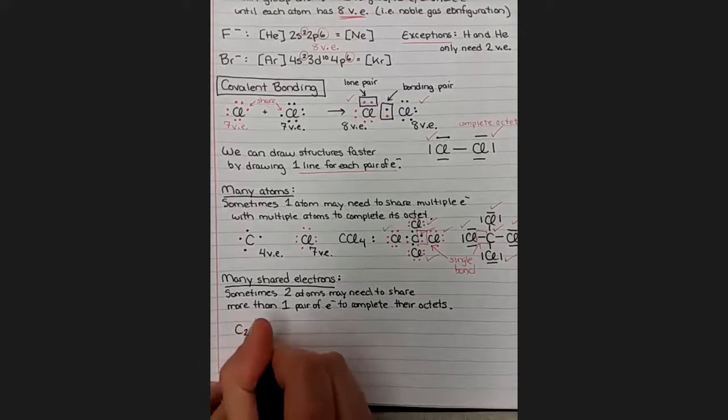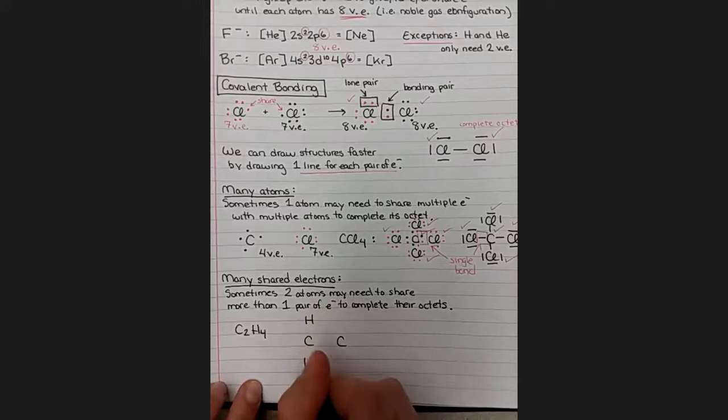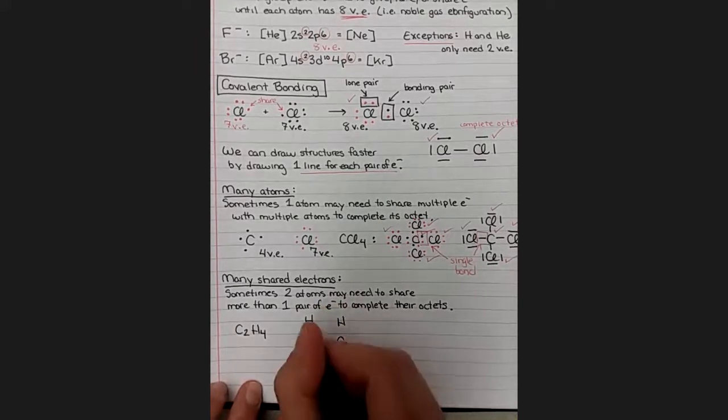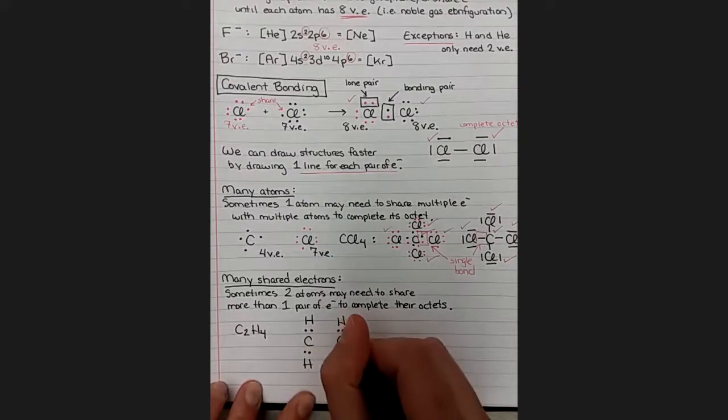So here's an example, C2H4. We can draw like this. And we can give 1 electron from the hydrogen and 1 electron from the carbon in this bonding pair, and the other 3 that are just like it.